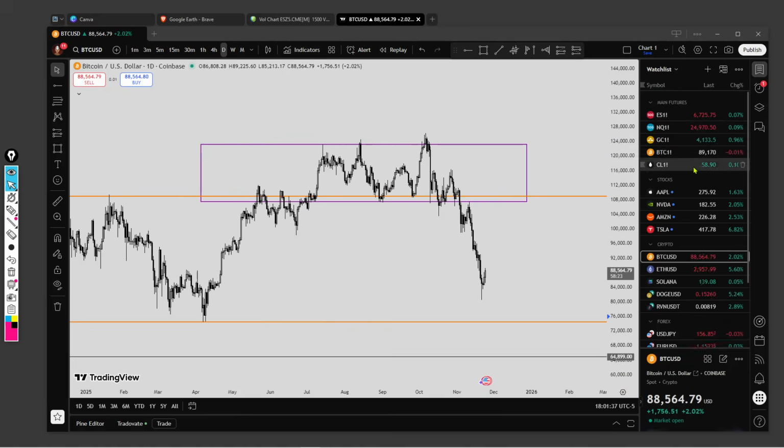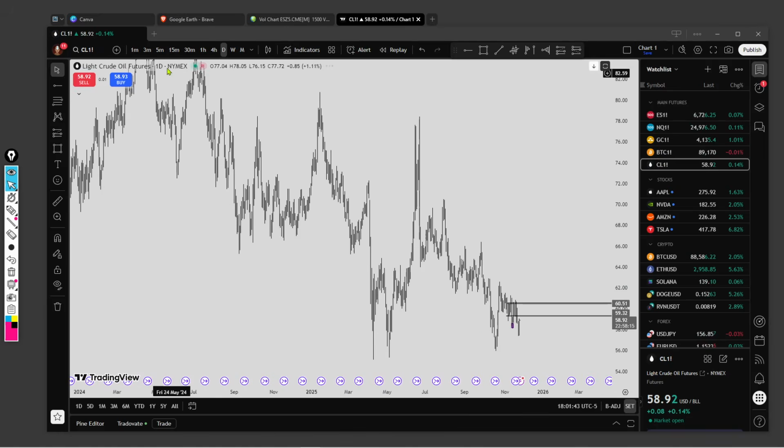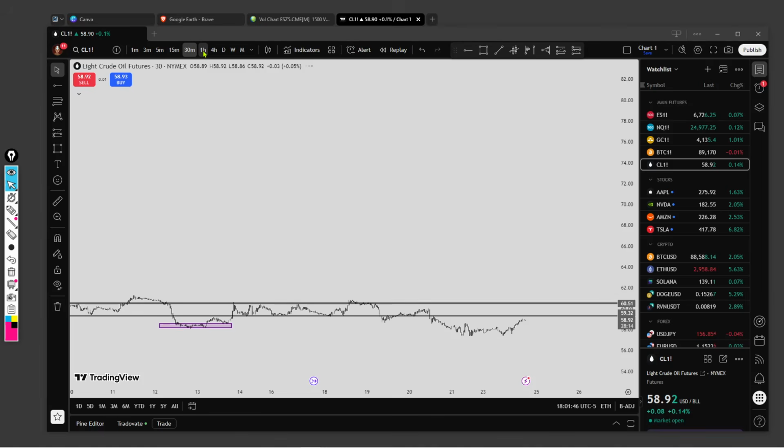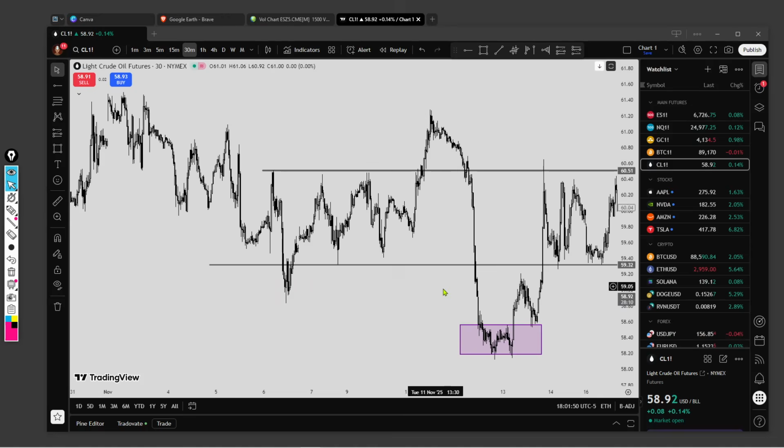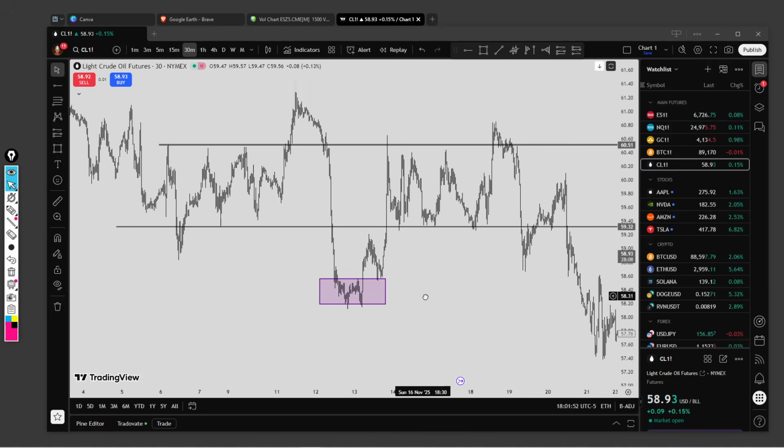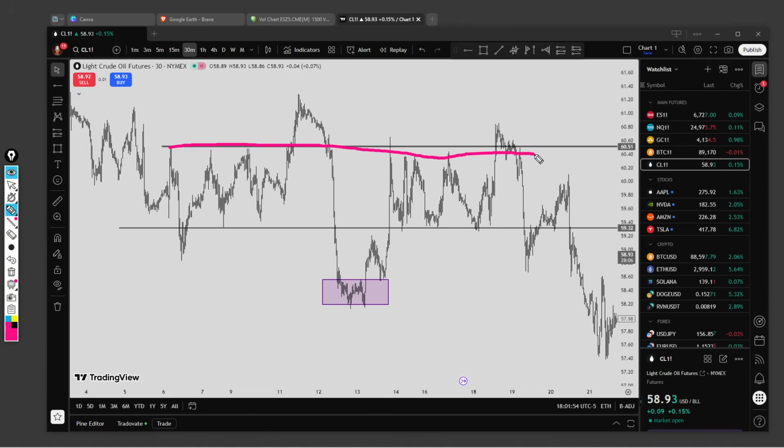Another example we can look at is crude. I was looking at crude a couple days ago with some friends, and as you can see, we have a range, right? Here's a range on crude. Well, we broke away from the range, and then we developed a mini range.